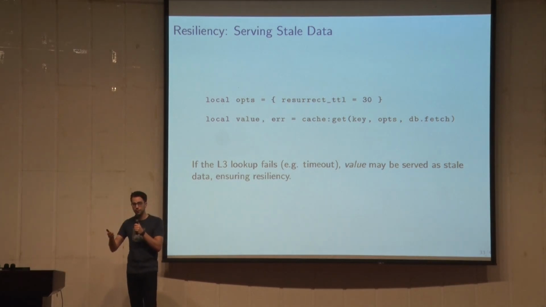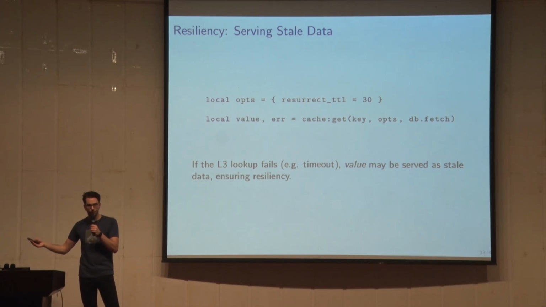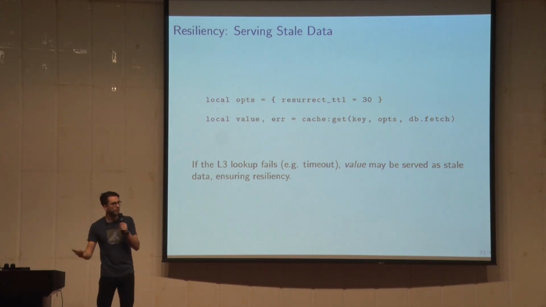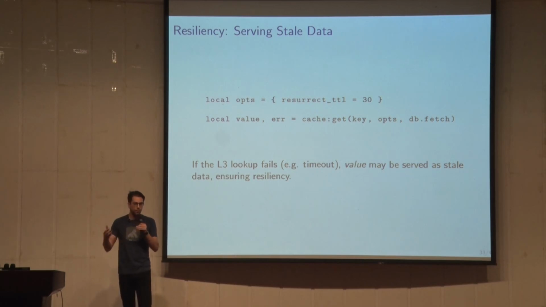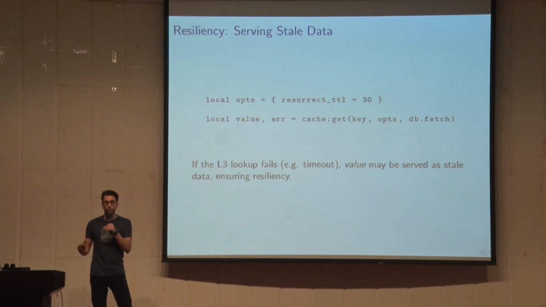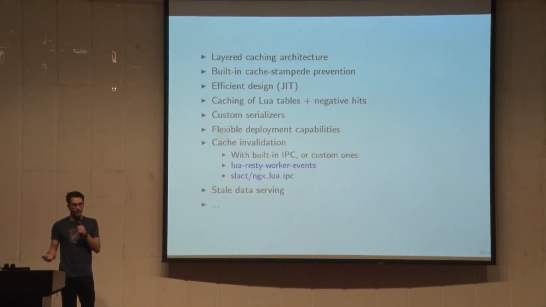And once the 30 seconds are over, we'll actually attempt a refetch of the value. And if it fails again, we store it for 30 more seconds. But if it succeeds, we resurrect the value for good. So stale data serving, really important feature. It's somewhat critical to Kong, but to any OpenResty application out there.